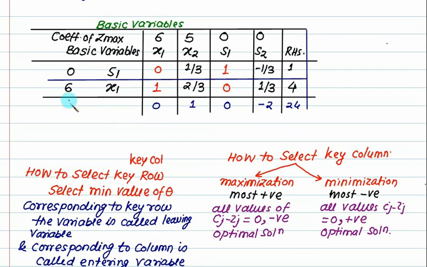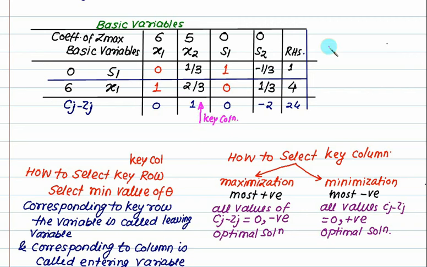Once we calculate Cj minus Zj, you have to check whether any element is positive. If any one element in this row is positive, it means that the solution is not optimal. If the solution is not optimal, then you have to select the most positive value. So this value is the most positive, and this one is called the key column.